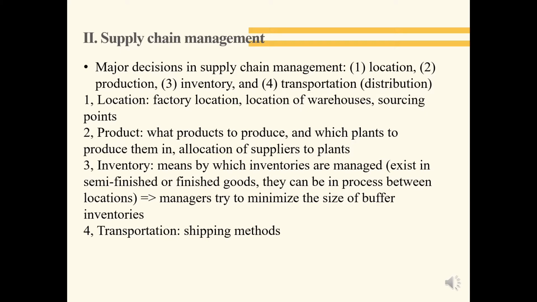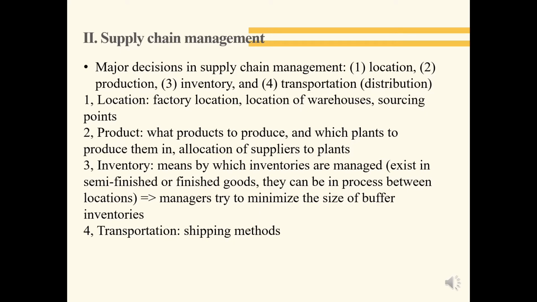These decisions have a big impact on revenues, costs, and customers. The third one is inventory. This is the means by which inventories are managed, and many managers always try to minimize the size of buffer inventories because they may include cost of space, cost of ordering, and administrative costs.